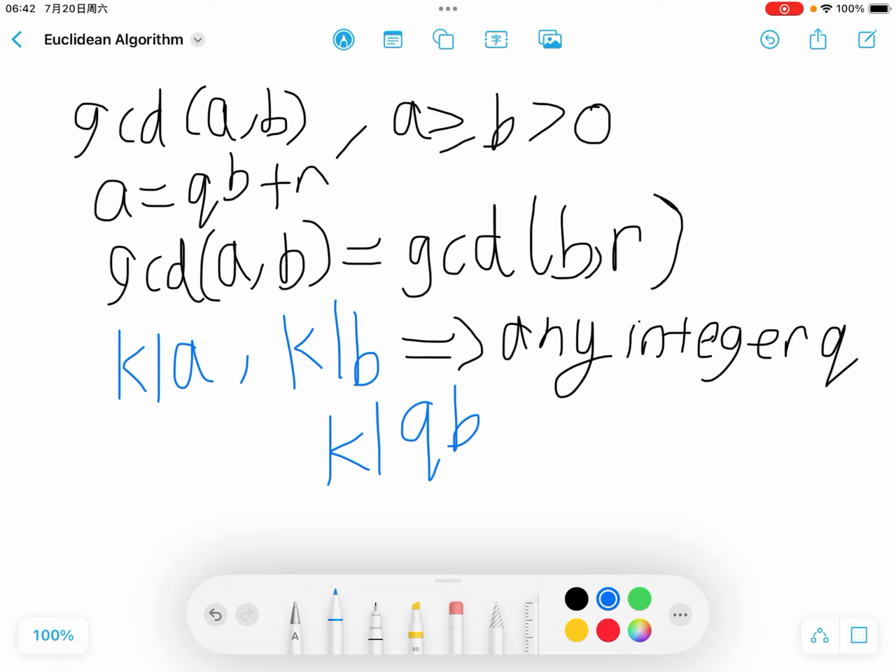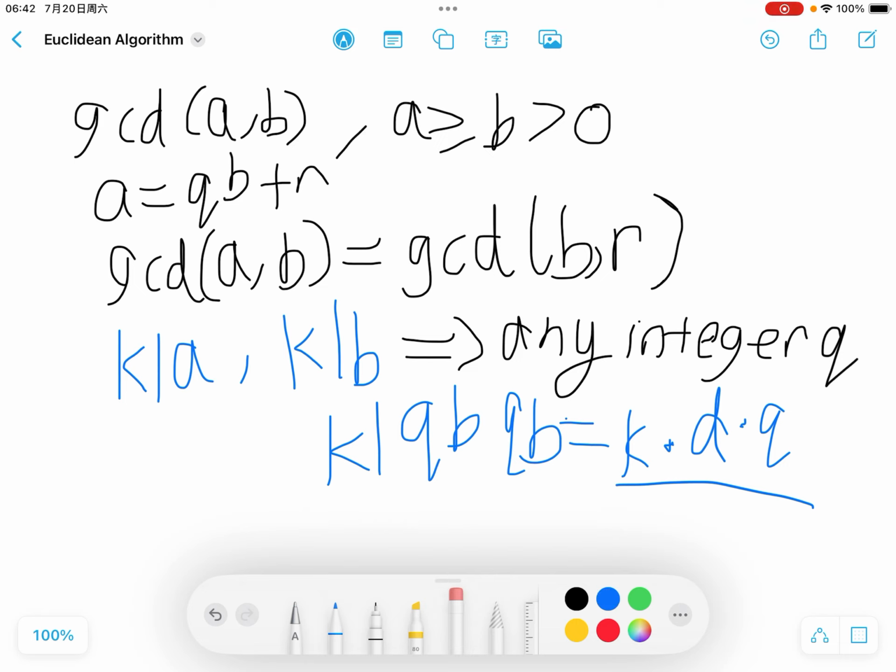B already has whatever factor K needs, so B already has K times another integer. Let's say it's called D, so B equals K times D, right? If we multiply both sides by Q, we get QB equals K times D times Q. This is obviously still divisible by K because it has a factor of K in it.